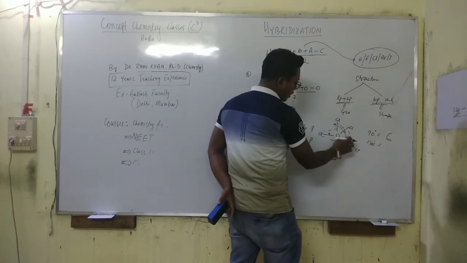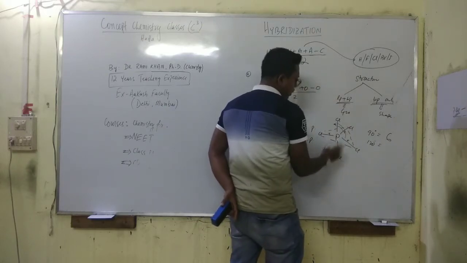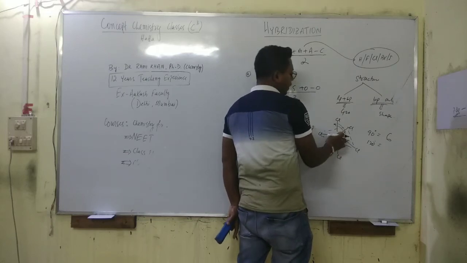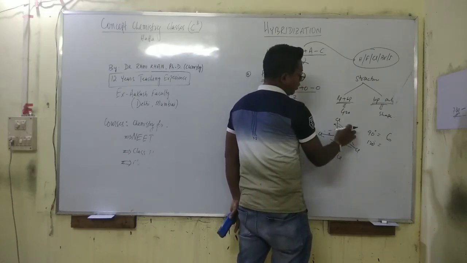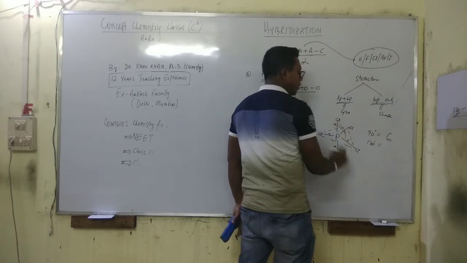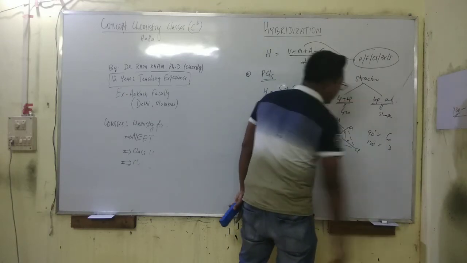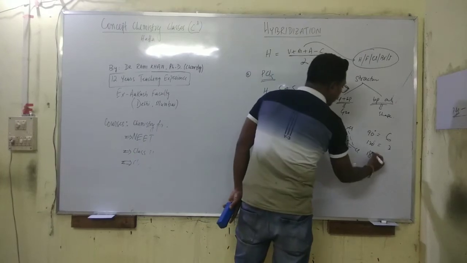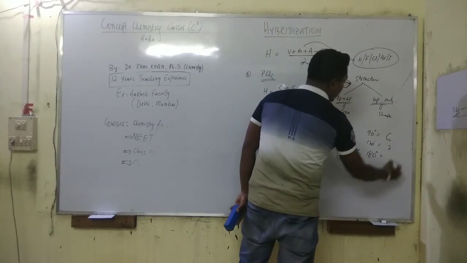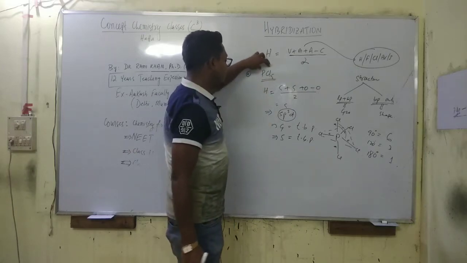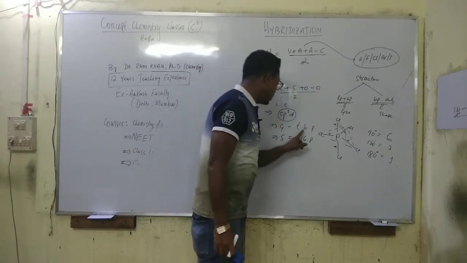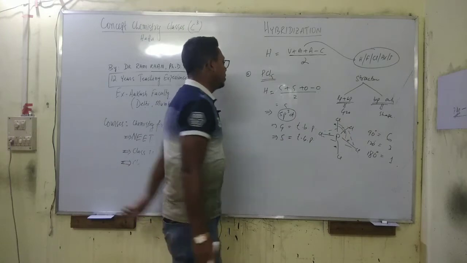This is 120, this is 120, this is 120. 2 equatorial bonds, what will be the angle between them? 120. So 3 120-degree angles are there, and how many 180-degree angles are there? There's only 1. Okay, in case of PCl5, geometry and shape are the same, which is trigonal bipyramidal.